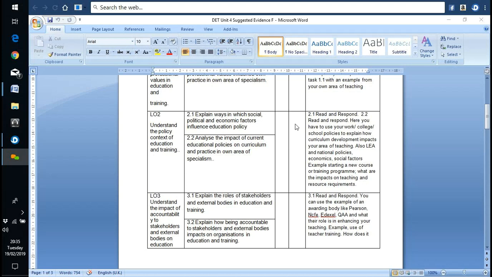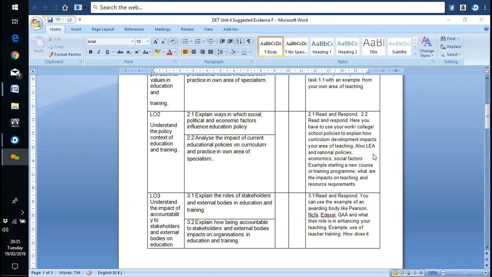Now, there is plenty of material on the VLE for this, but I've also put in some ideas to look at: school policies, explain how curriculum development impacts your area of teaching, also the local education authority and national policies, economics and social factors.